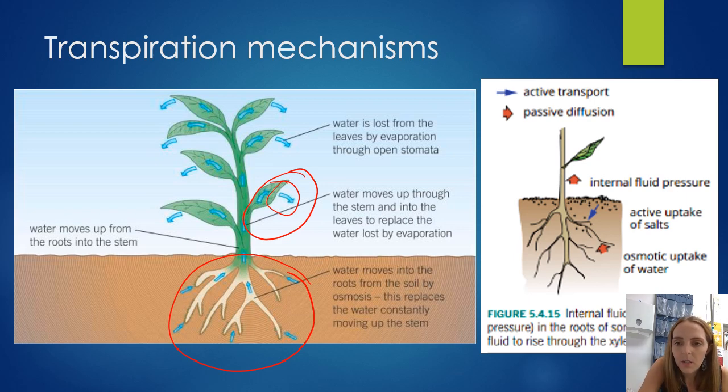On the right here, you've got some active transport happening when we take up salts into the roots. That has to happen by active transport, but we're not really going to go into that. But the uptake of water is via osmosis, and that water pressure, due to the difference in ion concentrations, creates that upward flow up the plant.